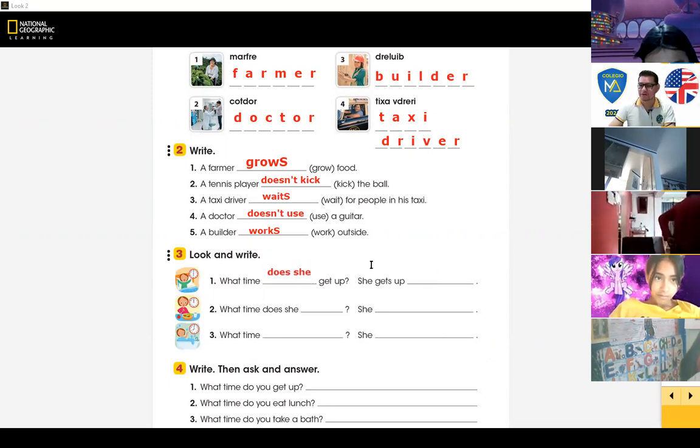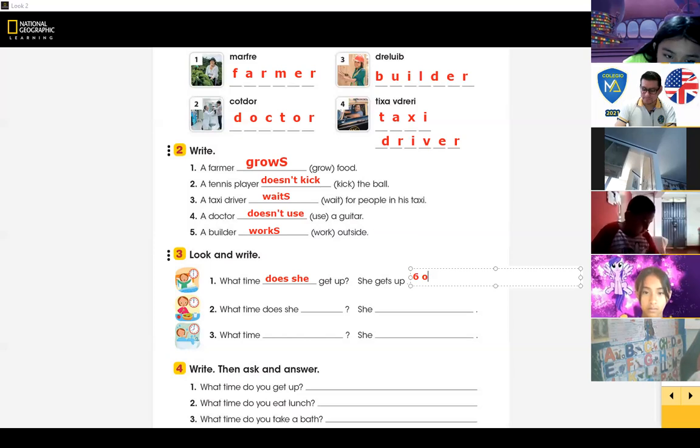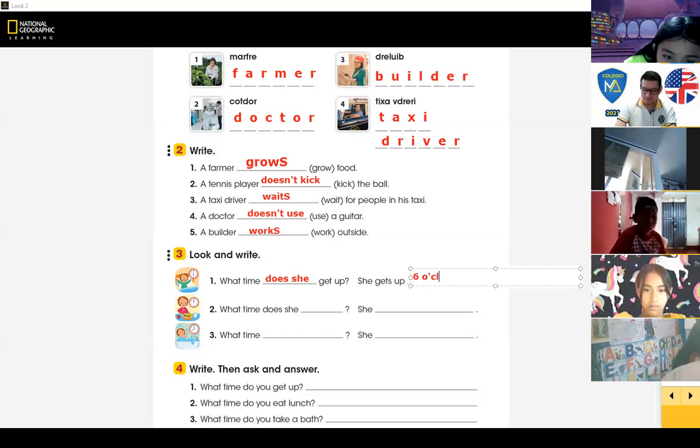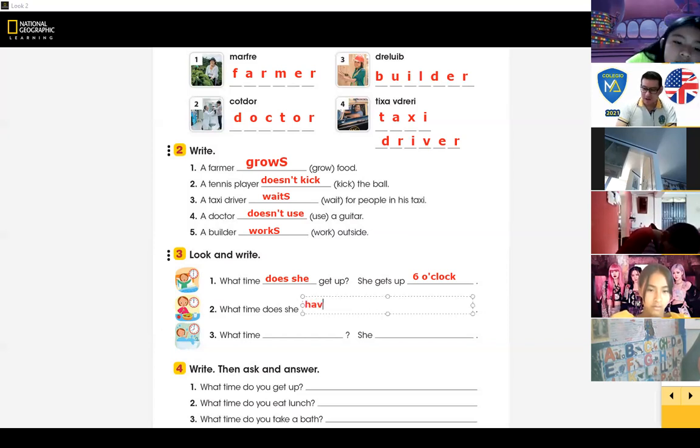No, you say here, she gets up at what time? I think that's 6, right? She gets up at 6 o'clock. We're talking about the 6 o'clock. What time does she, for example, what is she doing? Eating, right? What time does she have lunch?